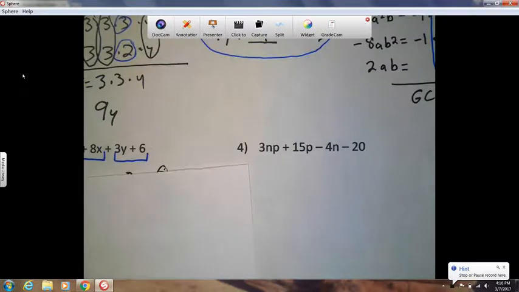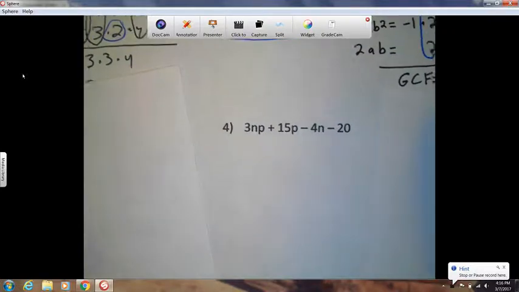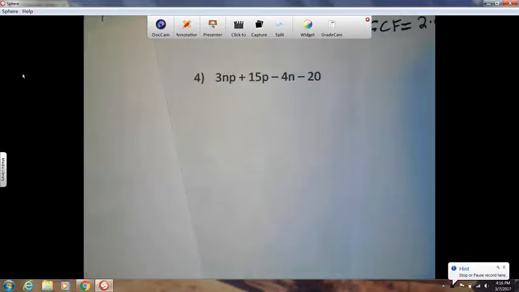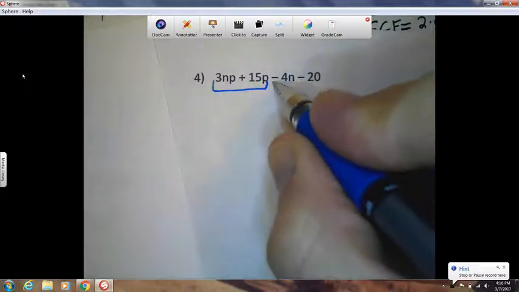Okay, let's do another example. Okay, we're going to do this one. So I'm going to find the greatest common factor. I'm going to group these two because they're both divisible by 3, and those two because they're both divisible by 4.